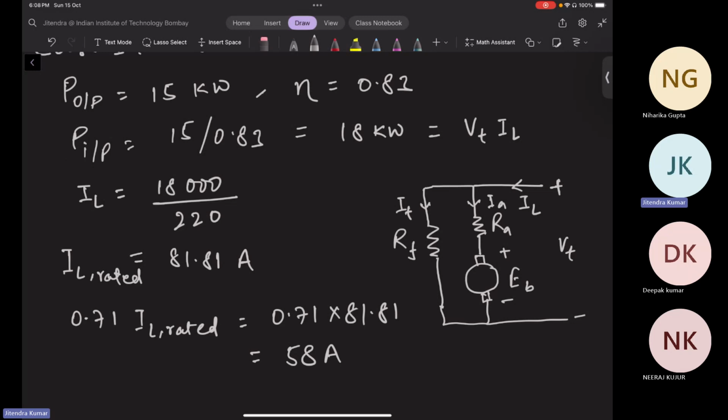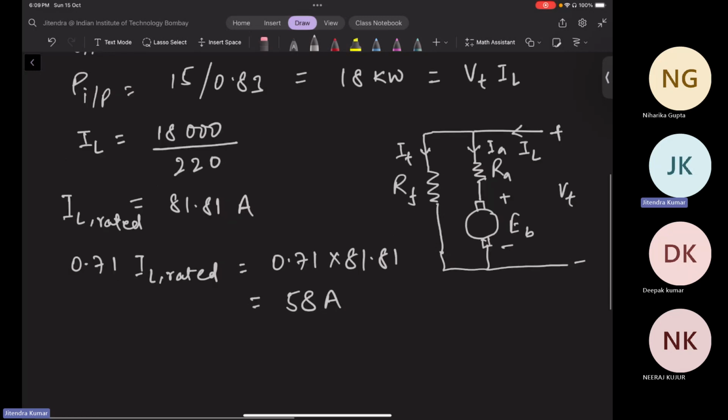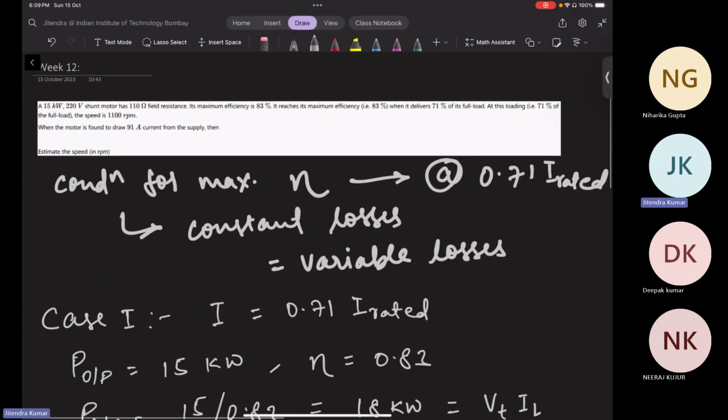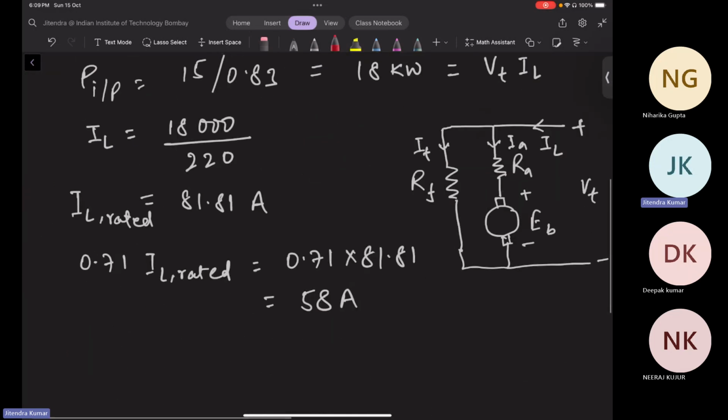Now, with this 58 amps of current, we have field resistance provided as 110 ohms, right? So this RF is 110 ohms. So field current we can calculate. That will be fixed for a shunt motor. That is nothing but 220 divided by 110, which is 2 amps.